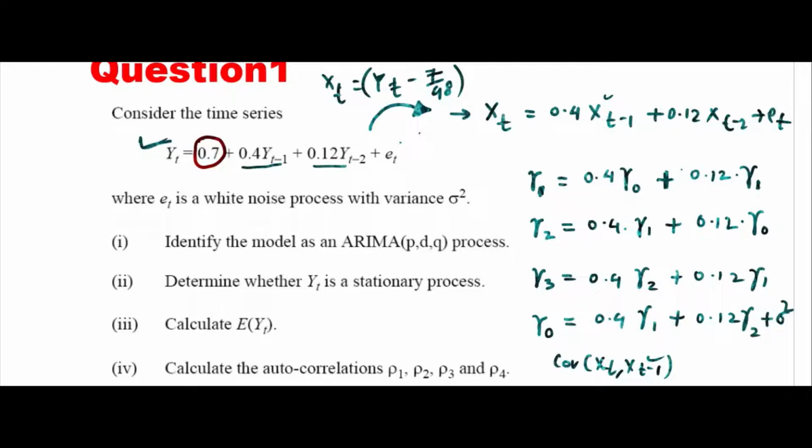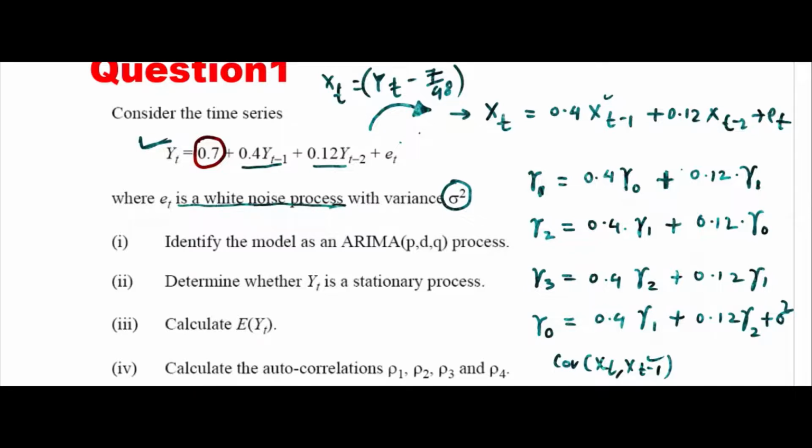Invariably in all problems this will be given: it is a zero-mean white noise process. Always you need to check that. It's a white noise process with variance sigma square. Although the zero mean is not given, it's always 0.